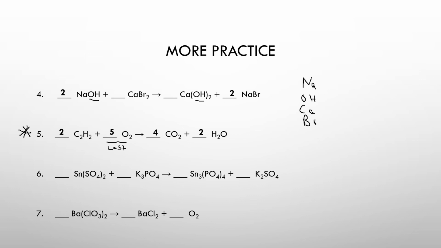The next one I have is SnSO4, so tin 4 sulfate plus potassium phosphate produces tin 4 phosphate plus potassium sulfate.